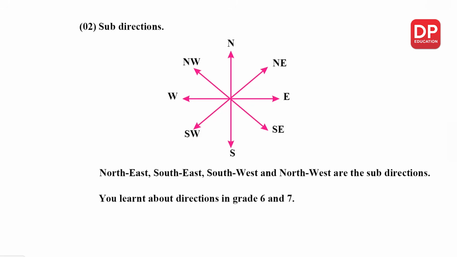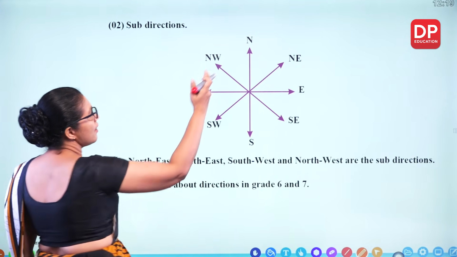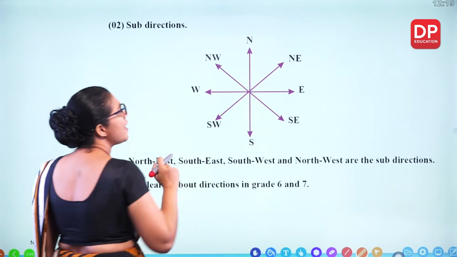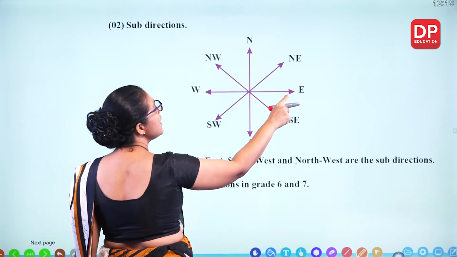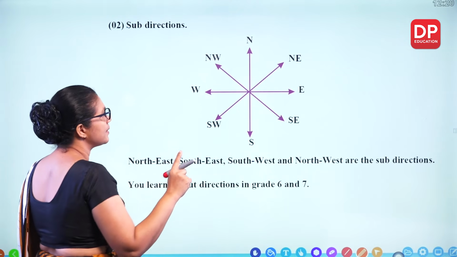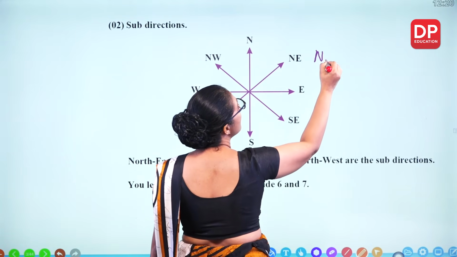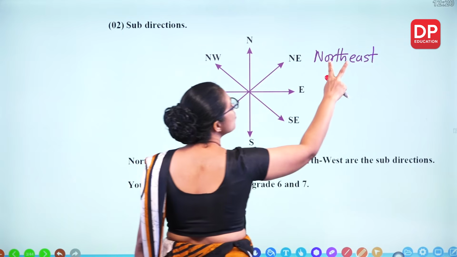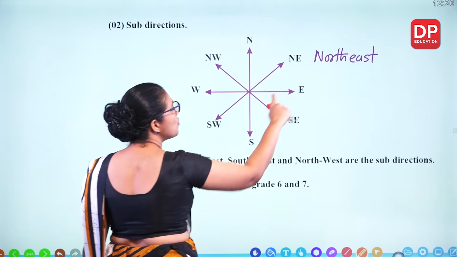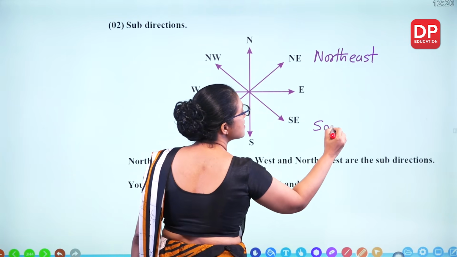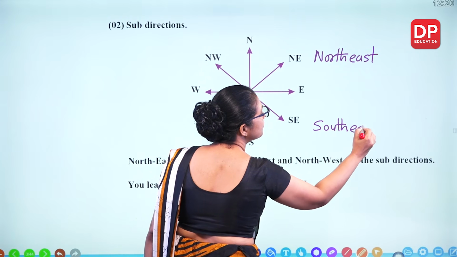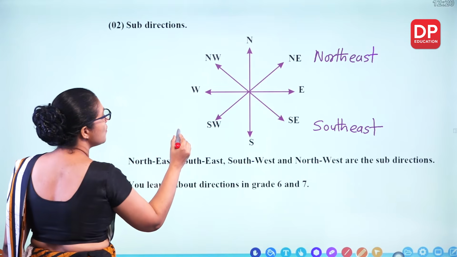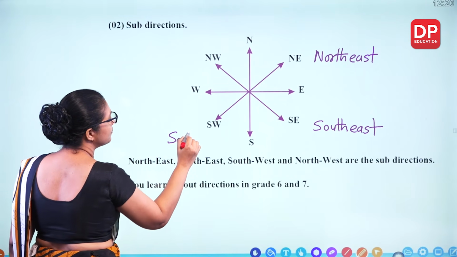What are sub-directions that you know? So these 4 are the main. So in between you get sub-directions. In between north and east we say northeast. You can write without writing 2 words, northeast. In between south and east, southeast. In between west and south, we say southwest.